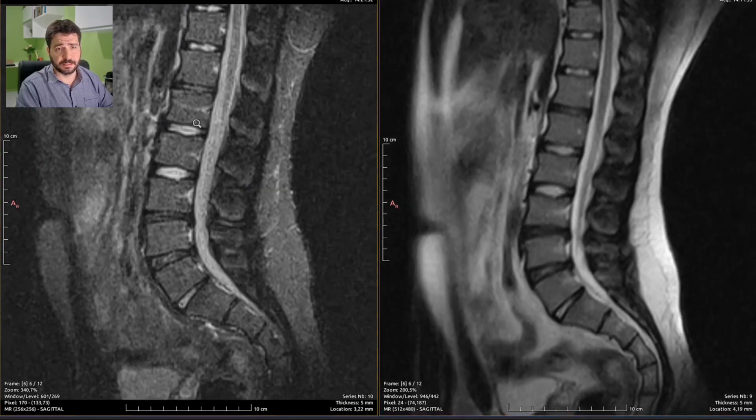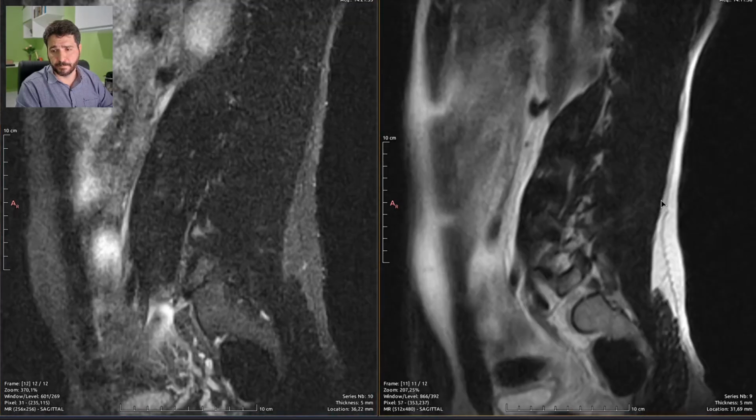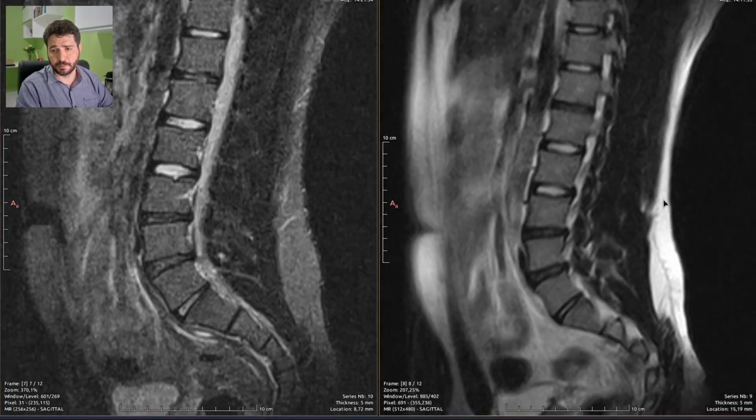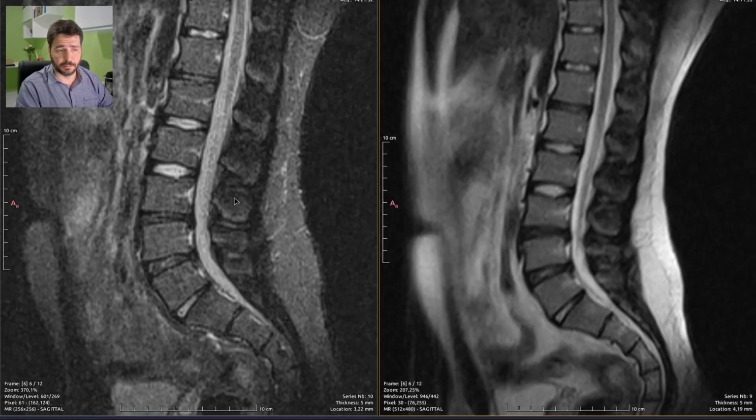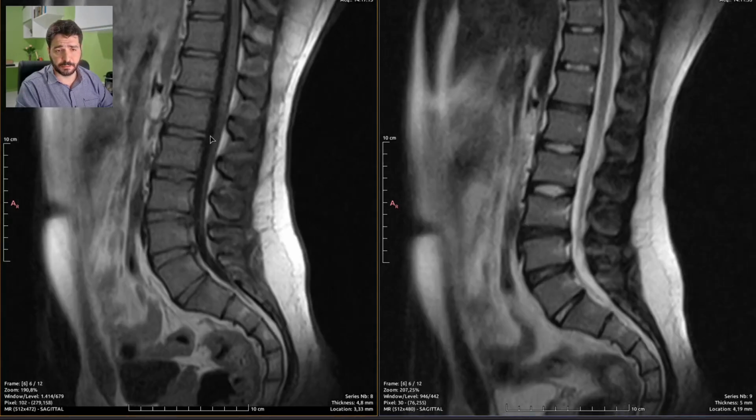The scanner isn't that good. This looks like an old scanner, probably a low field scanner. Let's get a T1. They have a T1. In T1, liquid, cerebrospinal fluid, is black and fat is bright.